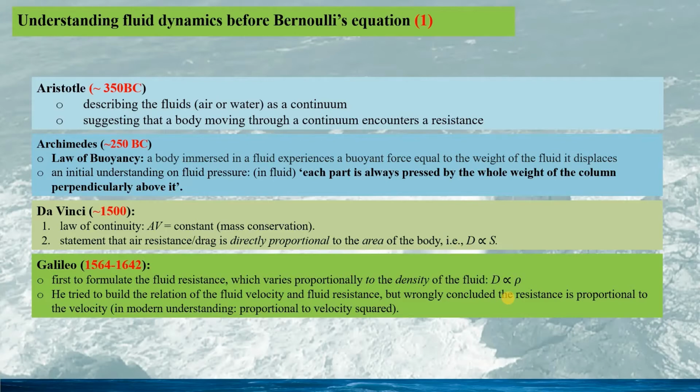And he tried to build the relation of the fluid velocity and the fluid resistance. But he wrongly concluded that the resistance is proportional to the velocity. In the modern understanding, the resistance is proportional to the velocity squared.